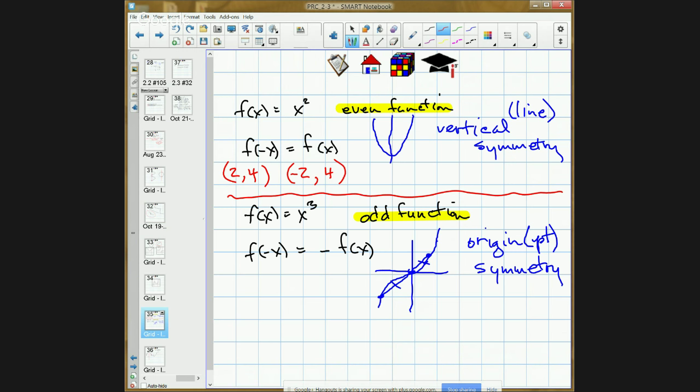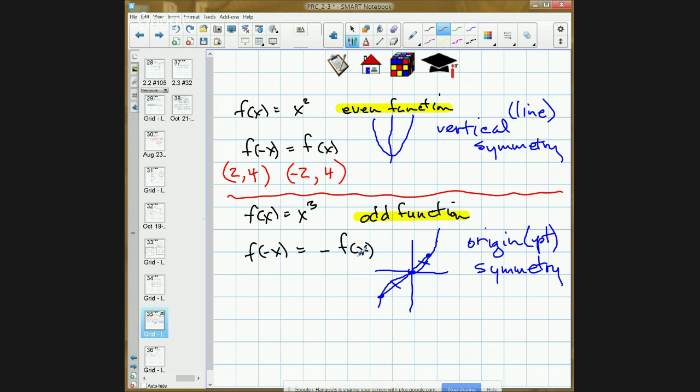So you've got to run the test. Do you remember how to do the test on origin symmetry? Plug in a number for x and then cube it, or whatever the function is. Get that answer. Change the sign on x, use the same number.